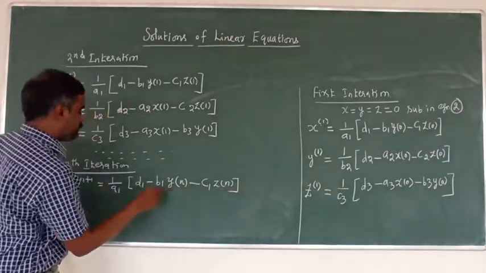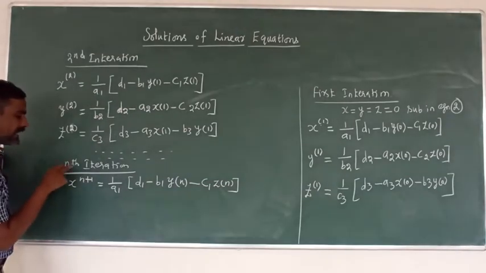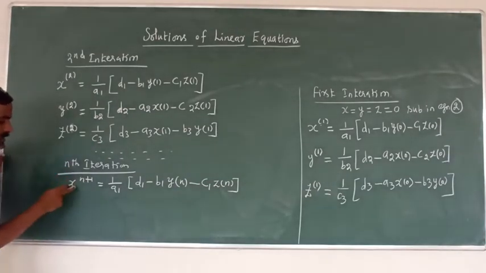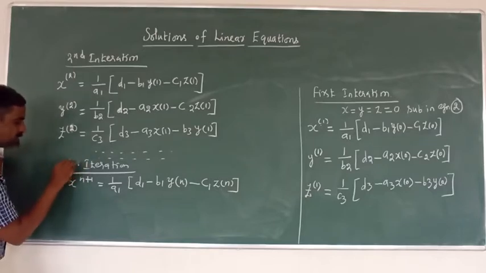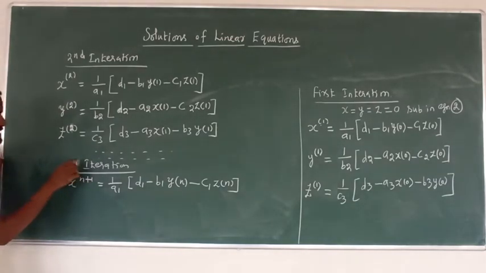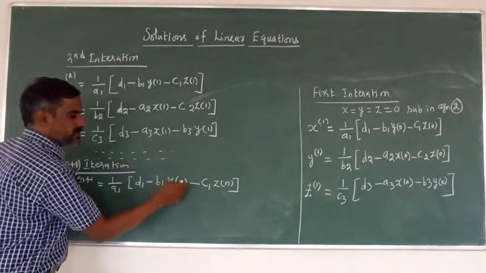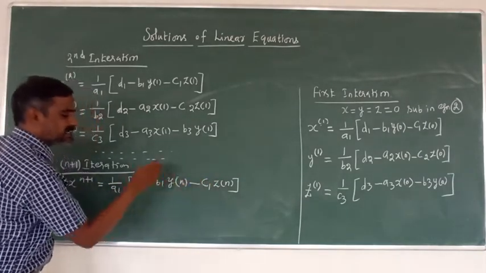Suppose this is for the sixth iteration, that is n plus 1, the sixth iteration, which means we have to substitute the fifth iteration results.